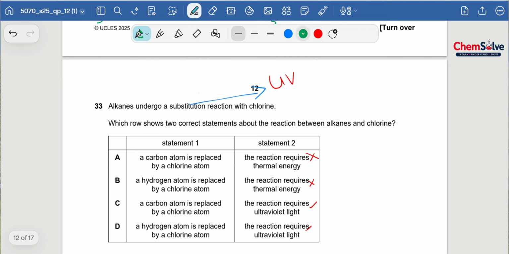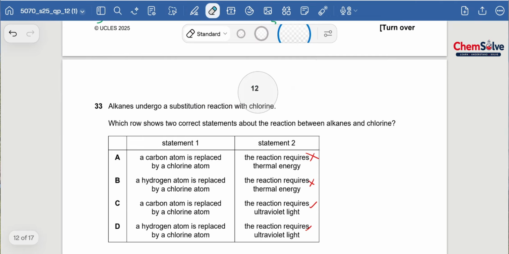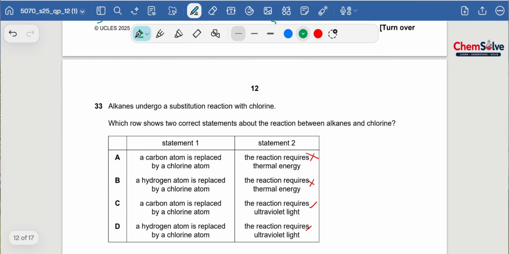Let me write down the equation. Okay, so what happens? Let's take a simple alkane, methane.